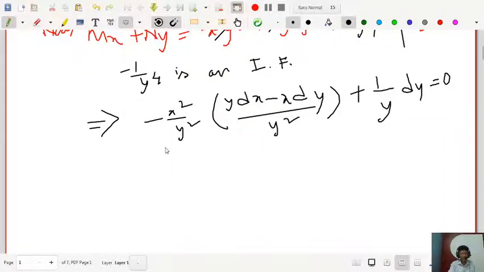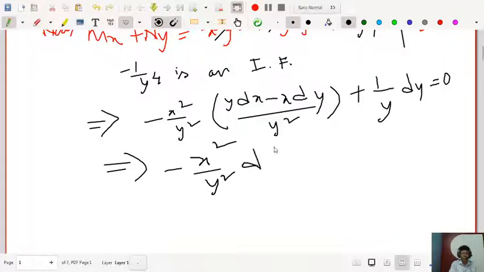And you know that this will be your form of minus x square by y square into d of x by y, because 1 by y square is an integrating factor of this expression. You have learned that. So it will result in x by y, d of x by y plus 1 by y dy.